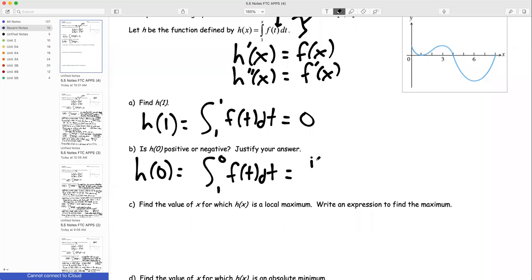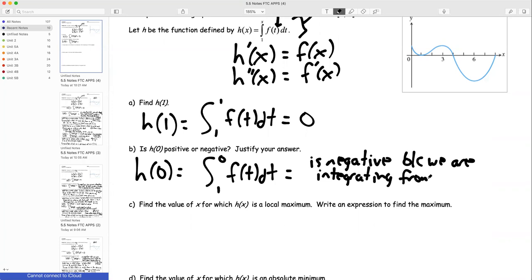So this is negative because we are integrating from right to left under a function that is positive for that interval.